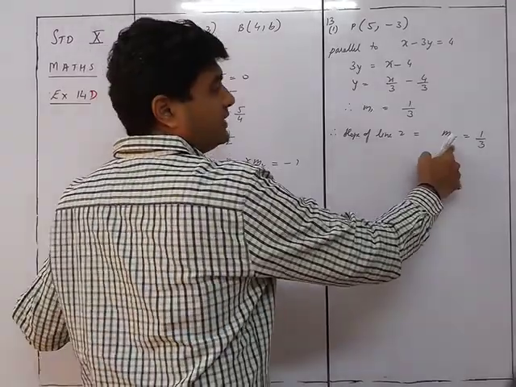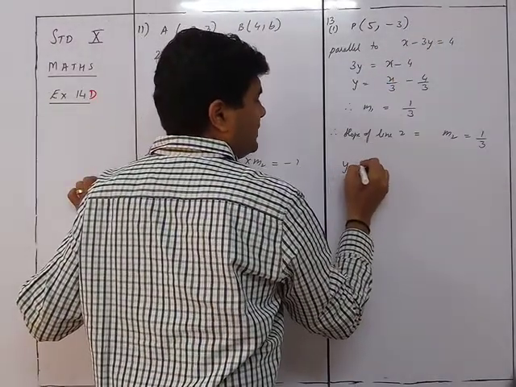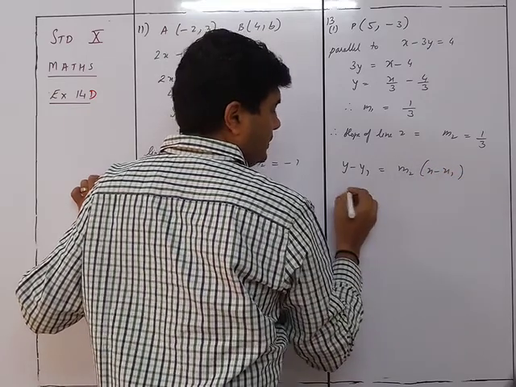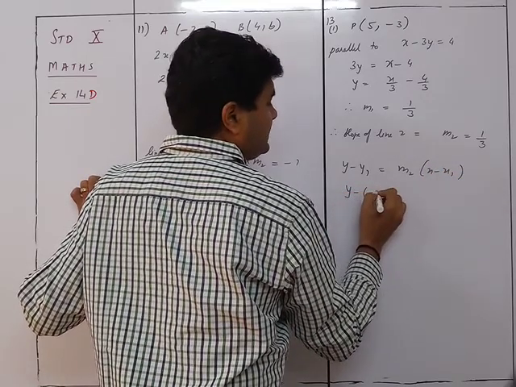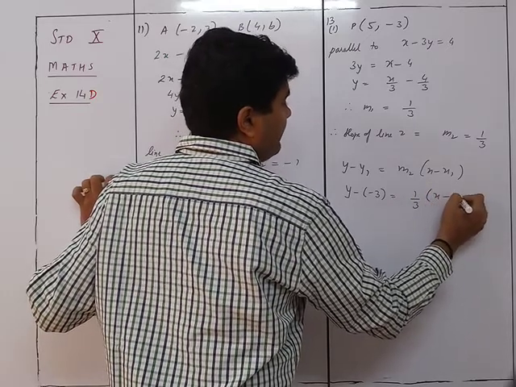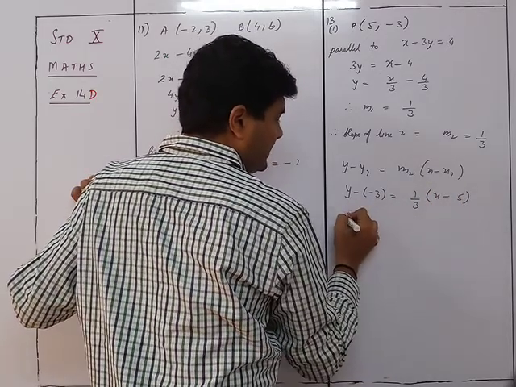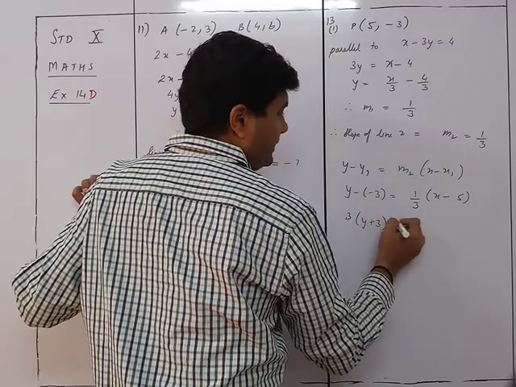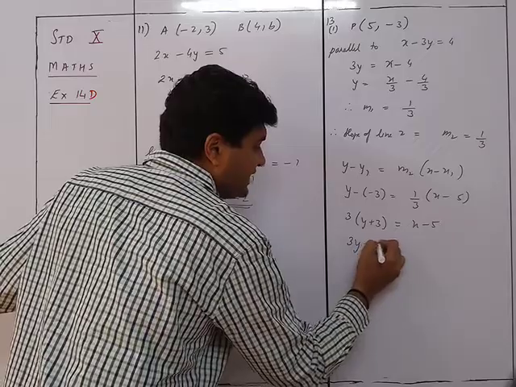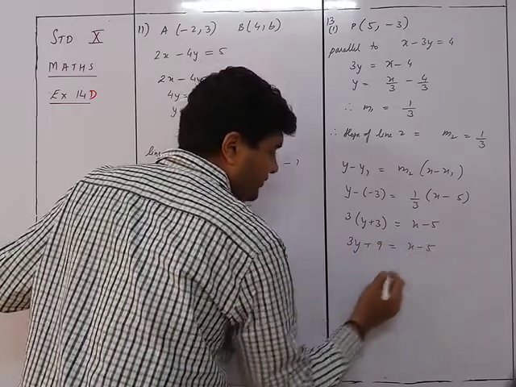Now I have the slope and I know the point. So y minus y1 is equal to m2 times x minus x1. So y minus of minus 3 is equal to 1 upon 3 times x minus 5. So 3 times y plus 3 is equal to x minus 5. We get 3y plus 9 is equal to x minus 5.